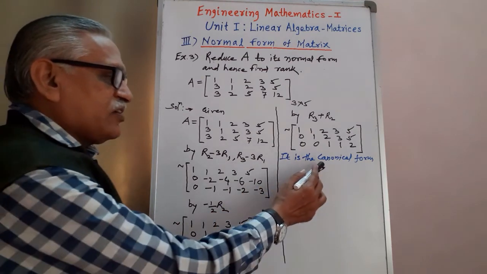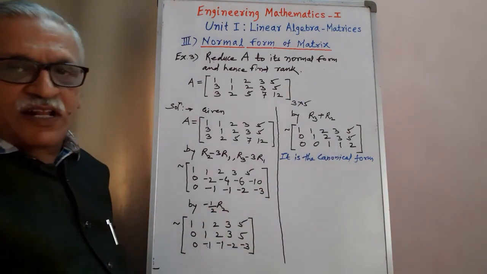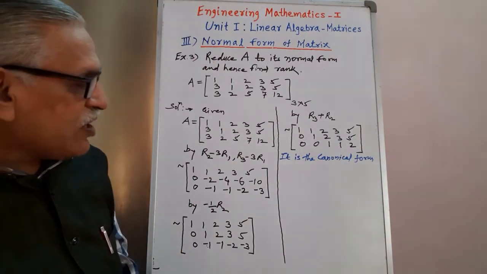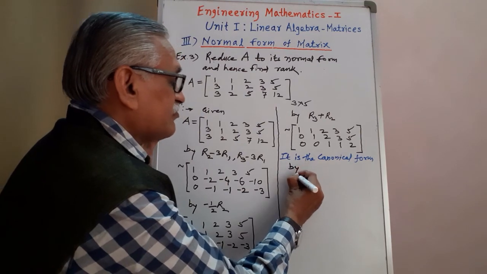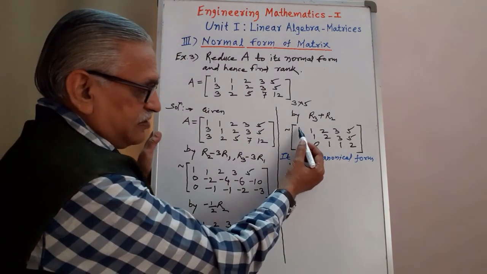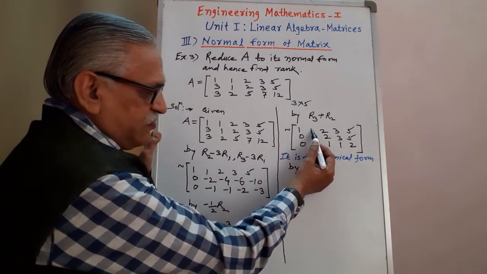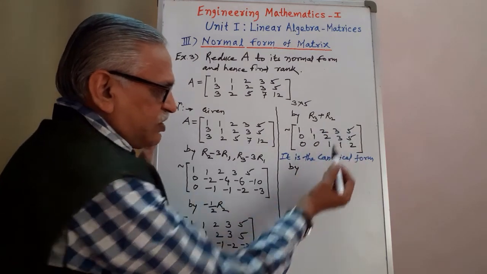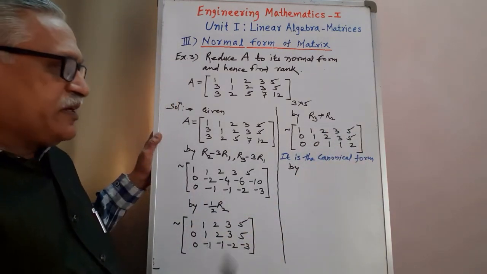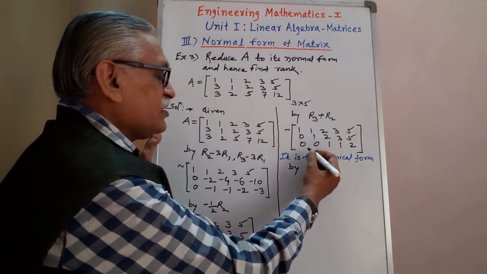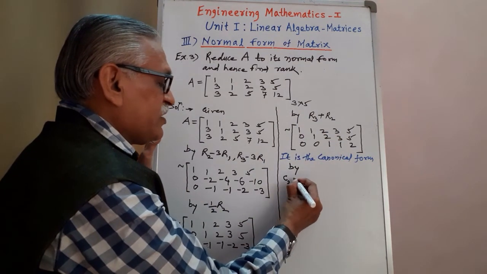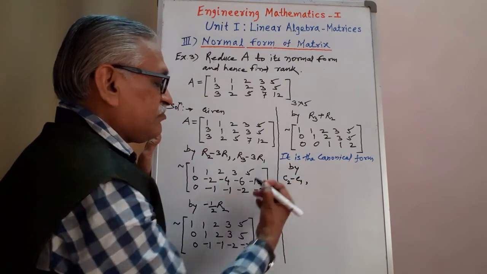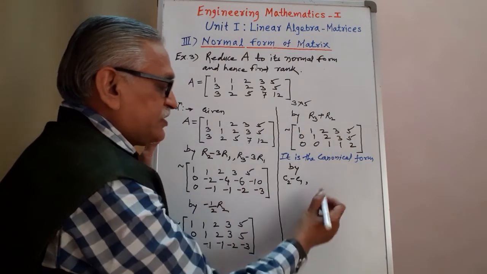After getting the canonical form, we have to apply column transformations. Therefore, applying column transformations, using this one, we try to convert the 1, 2, 3, 4 elements, all the elements in front of it, to 0. The transformations required are 1 minus 1, 0: it is C2 minus C1. 2 minus 2 we get 0.